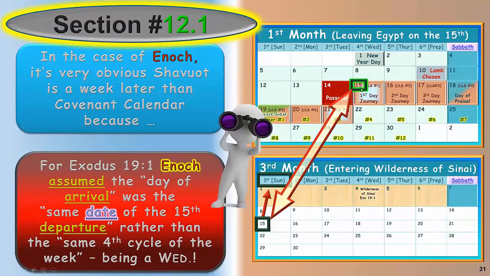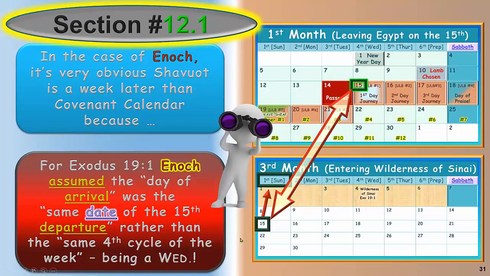See over here, Enoch takes this 15th date and uses that instead of the day of the week or cycle of the week. And he ends up down here, the 15th of the third month, a week later. And it is not the same day of the week. Here is a fourth cycle, and this is a first cycle.